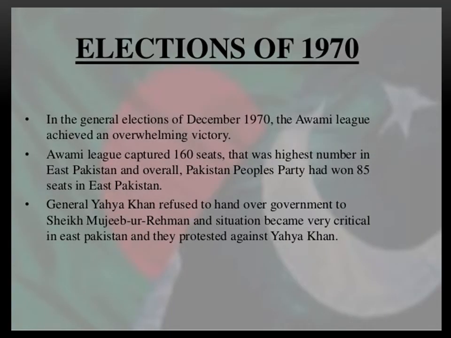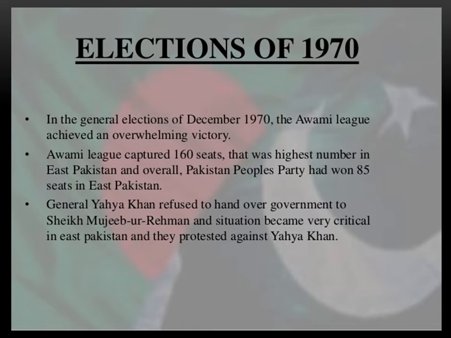The main parties in the elections were the Pakistan People's Party (PPP), led by Zulfikar Ali Bhutto, the father of Benazir Bhutto, which was based in West Pakistan, and the Awami League, led by Sheikh Mujibur Rahman, which was based in East Pakistan.